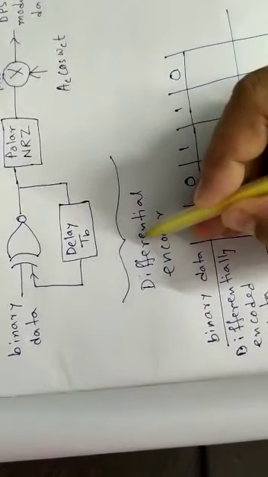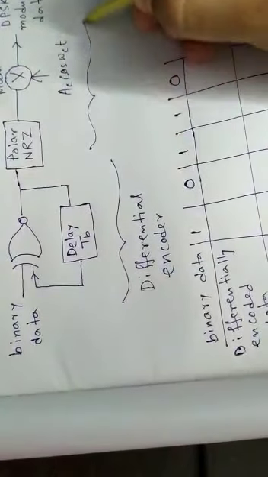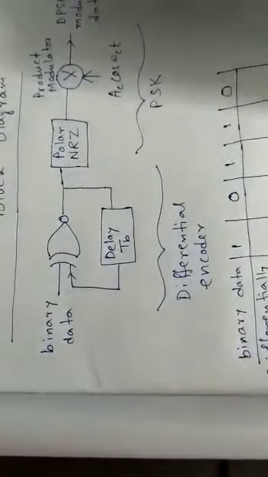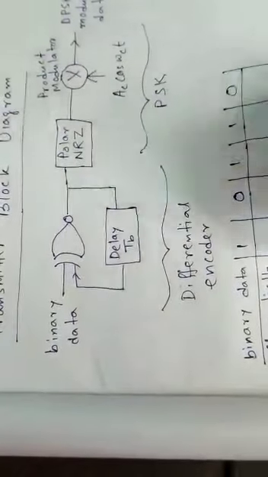So this part is a differential encoder and this part is the phase shift keying part. We already discussed this part. This is the phase shift keying part.